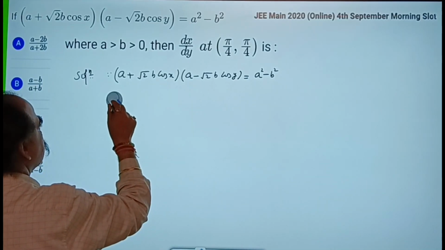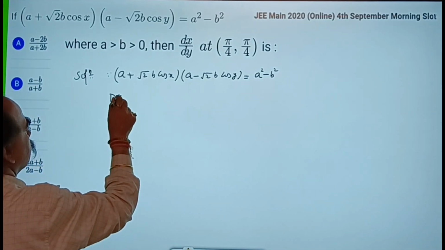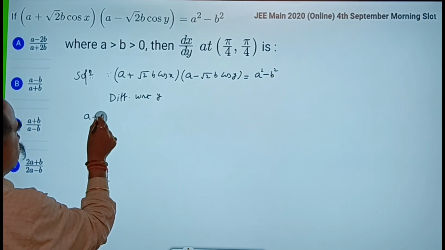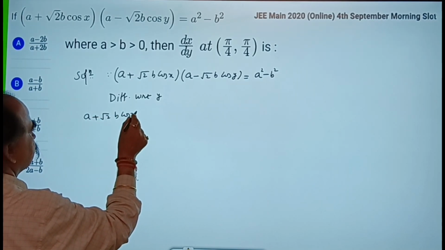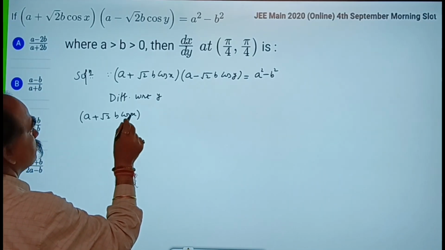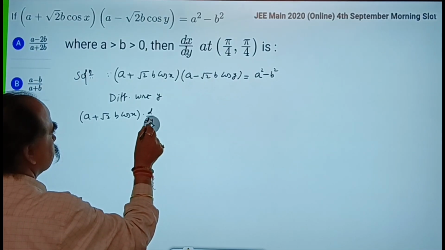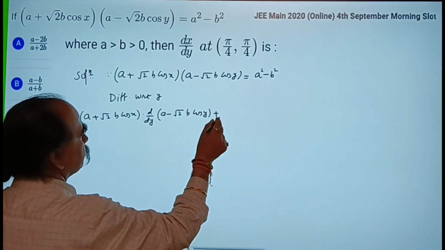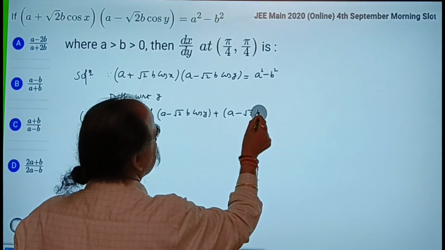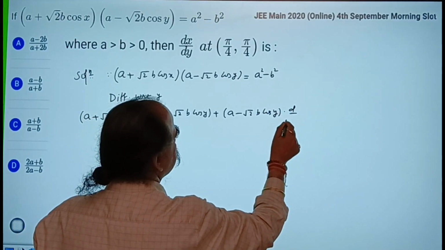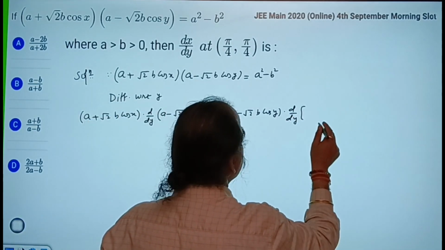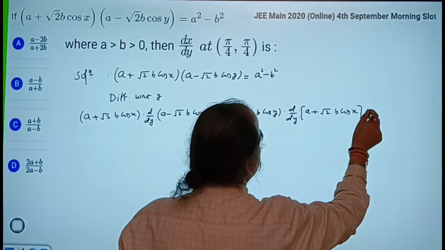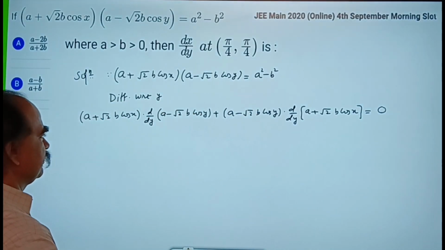So differentiating with respect to y: a plus root 2b cos x into d by dy of a minus root 2b cos y, plus a minus root 2b cos y into d by dy of a plus root 2b cos x. Derivative of a square minus b square, a constant, will become 0.